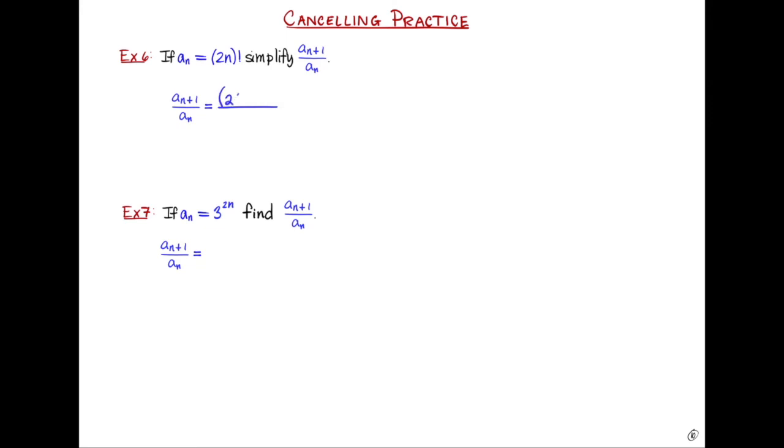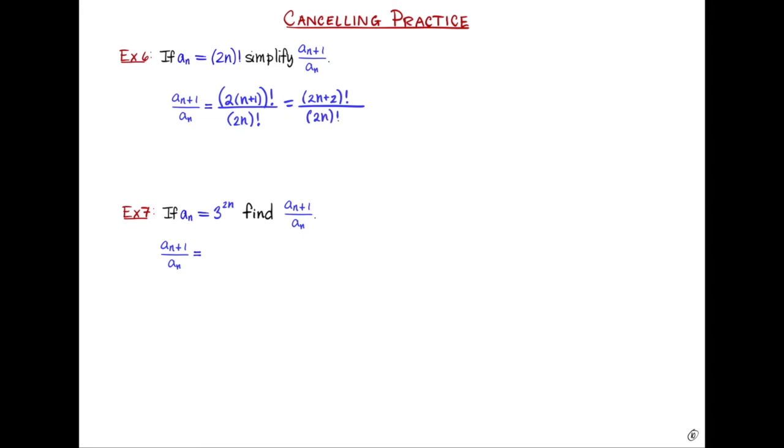So we have (2 times (n plus 1)) factorial, and then in the denominator (2n) factorial. Let's simplify. We'll distribute the 2 in the numerator, and this becomes (2n plus 2) factorial over (2n) factorial.